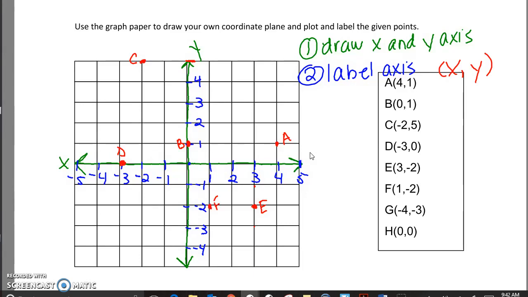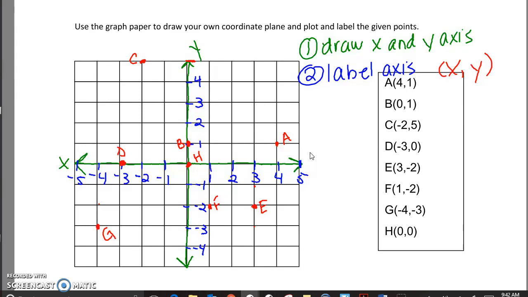And point G is -4, -1, 2, 3. Goodness. That's point G. And then H is at 0, 0, so that is at the origin.